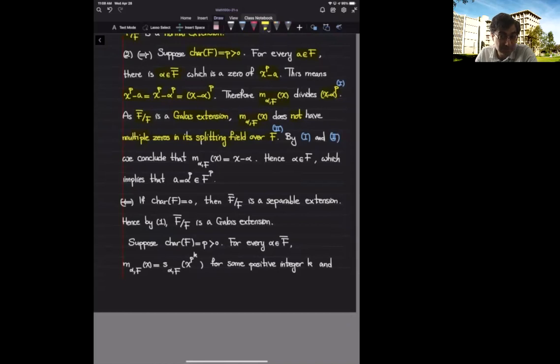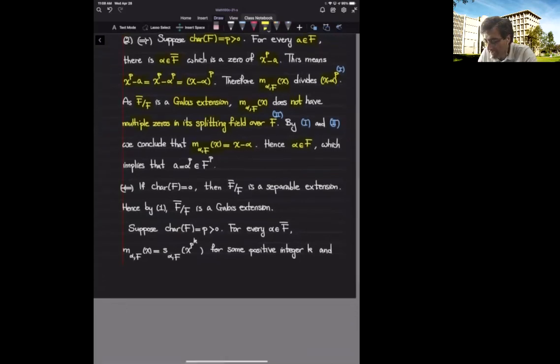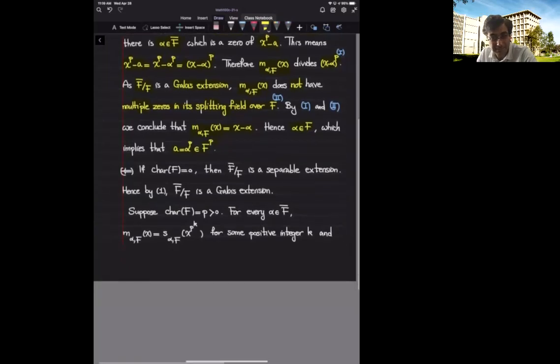It doesn't have multiple zeros, so the power should be 1. So the minimal polynomial of alpha over F is just x minus alpha, which means alpha is indeed inside F. So altogether, we end up writing A as alpha raised to the power P for some alpha inside F, which means that the Frobenius map is surjective, and therefore it's an isomorphism.